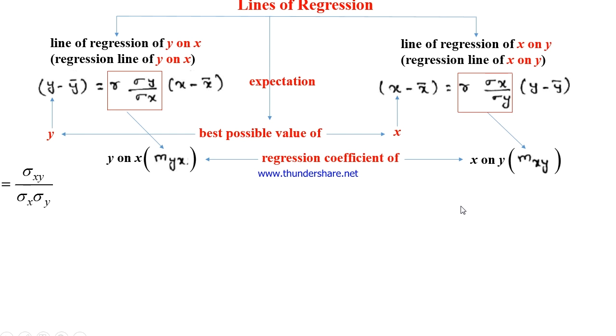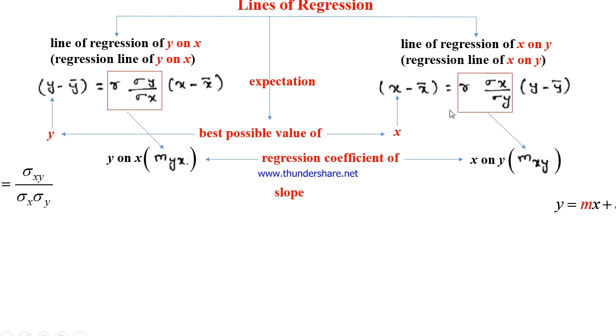Next, let me discuss the slope of these two straight lines. We know if we consider the straight line y equal to mx plus b, then the constant m, the coefficient of x, is the slope. So for this equation, the coefficient of x is r sigma y by sigma x. This becomes the slope for this straight line.